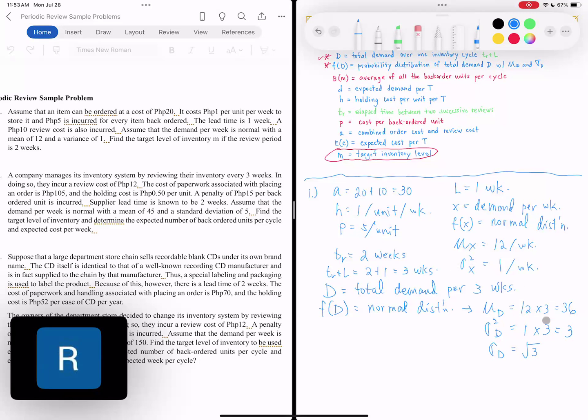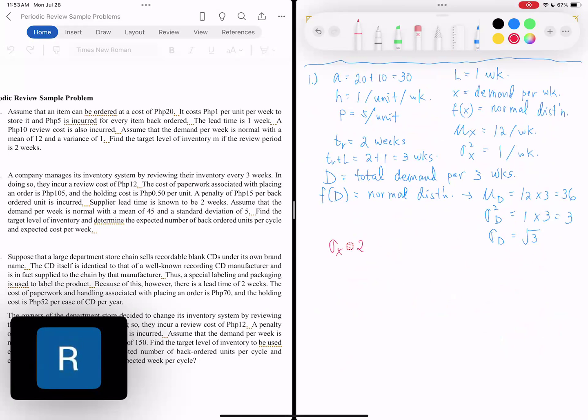Now, if for example, sigma is given to be, let's say, 2. Let's say sigma of x is given to be 2 in the problem.